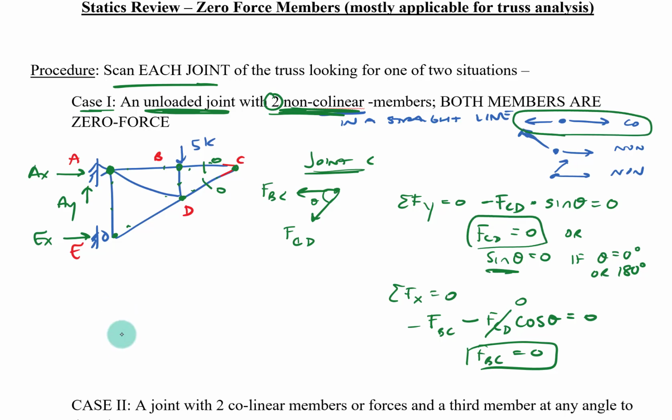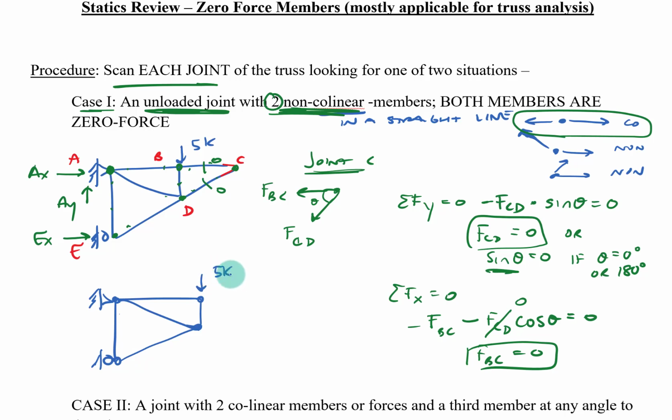And then what we can do is redraw the structure as if those members aren't there, and reevaluate, do we have any more members that are 0 force? And if we look here, this is 2 members, but there's a load, so it doesn't match this case. This still has 3, still has 5, still has 3. So, nope, we're good. Now we have to go through and do method of joints on this whole frame.